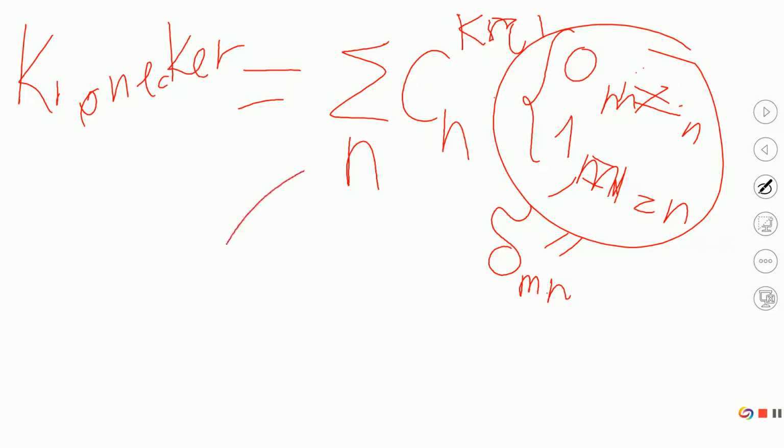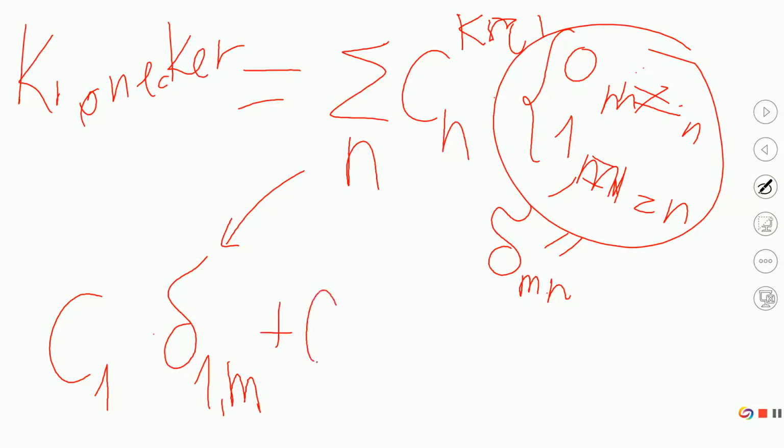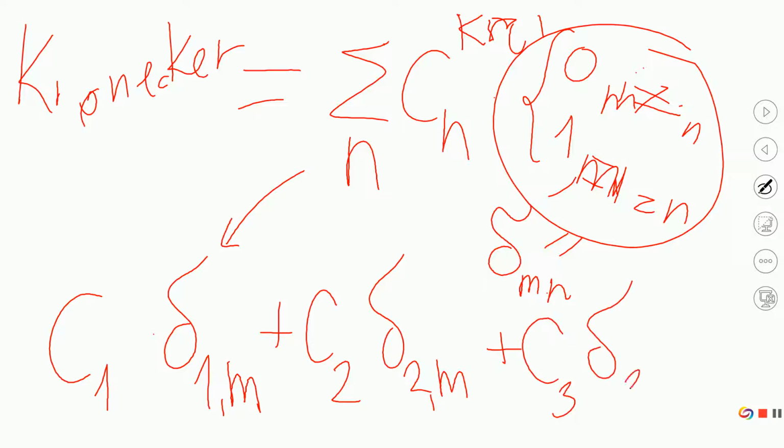So, can we write it this way? Open the summation. C sub 1 times delta 1 m plus C2 delta 2 m plus C3 delta 3 m, and continue as long as I have terms.